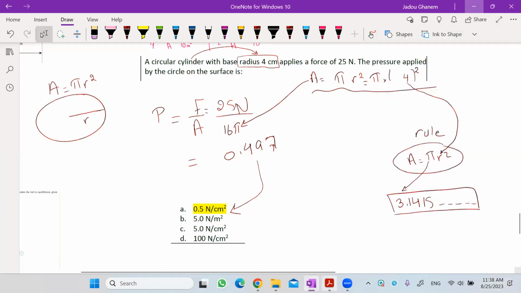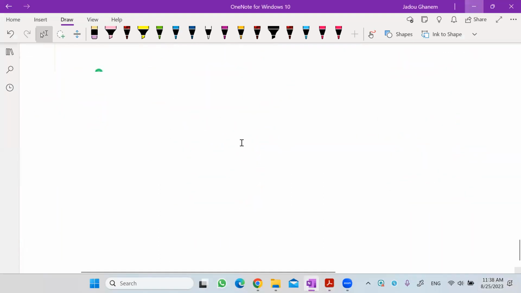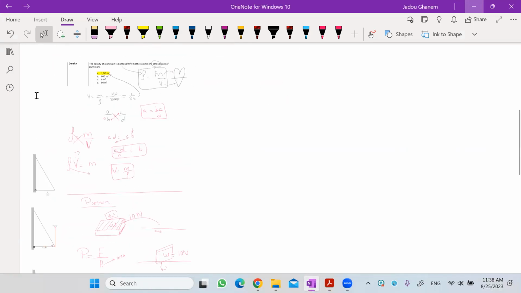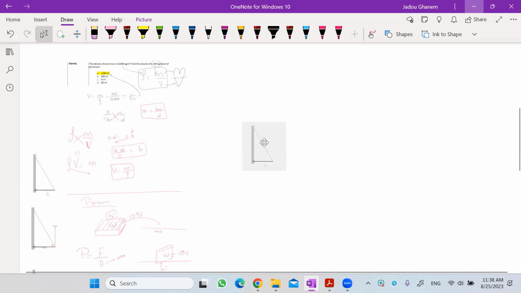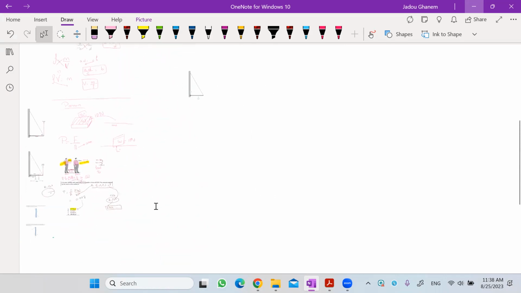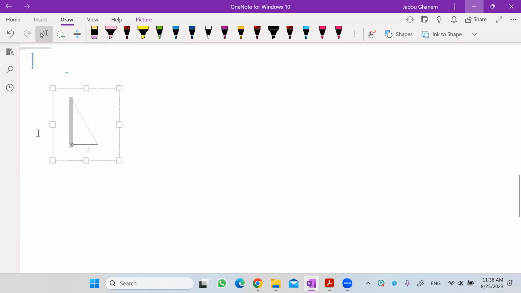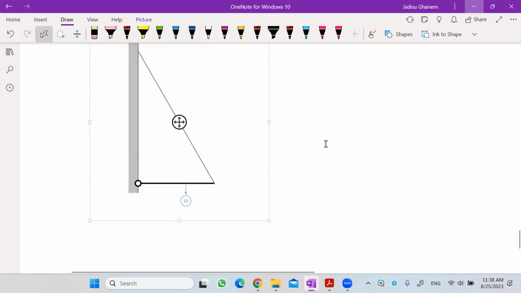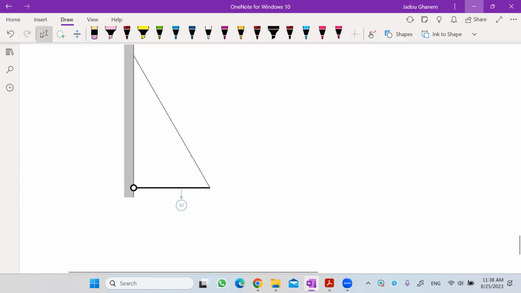So let's take the last part that we started with yesterday. Yesterday we said that if we have this object, then the forces acting will be, one of them, the tension acting on this wire upward on the rod.